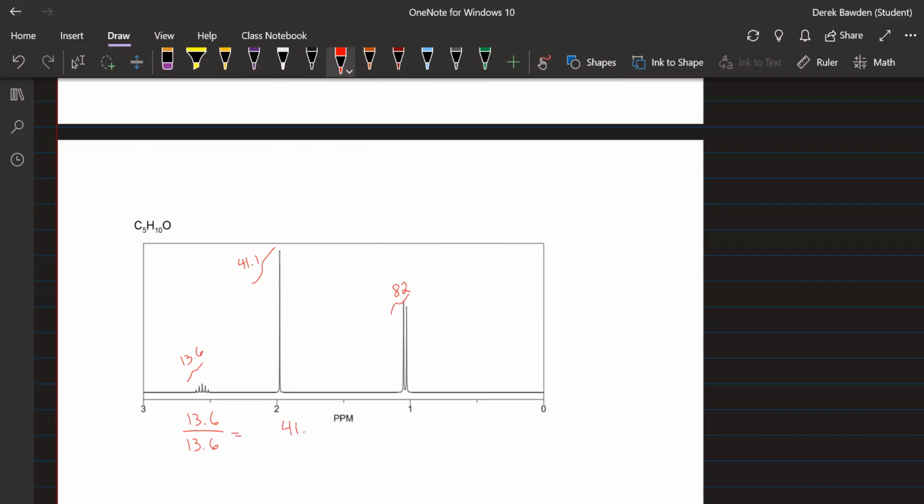We're also going to divide 41.1 by 13.6 and 82 by 13.6. Each of those we get roughly 1, roughly 3, and roughly 6. They're not perfect, but as long as they're close enough, it's going to tell you the integral value. So we know that our ratio is 1 to 3 to 6 for each of these signals.